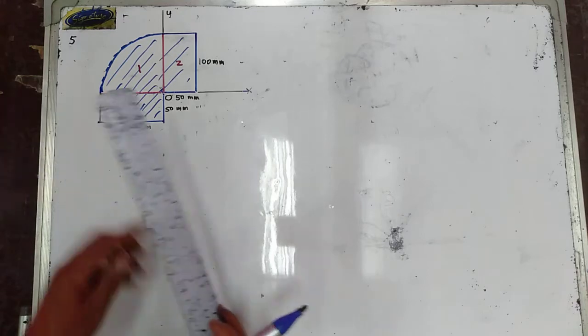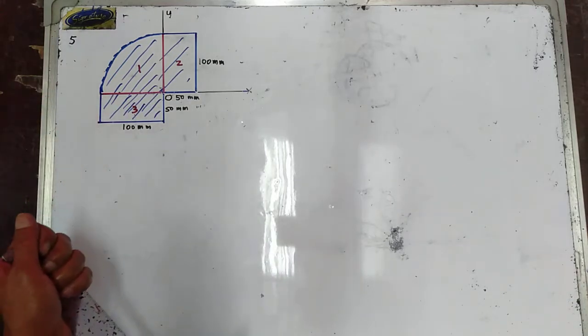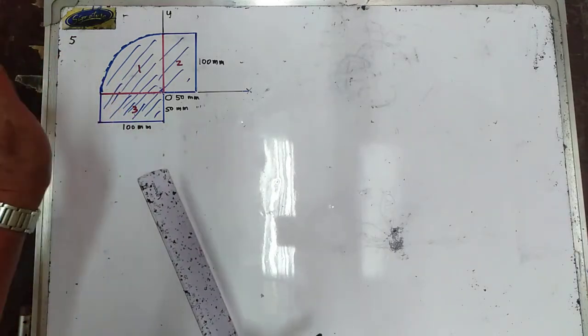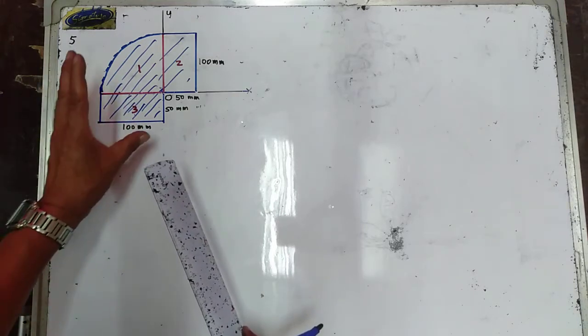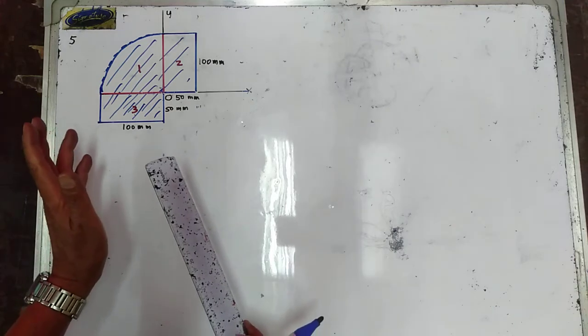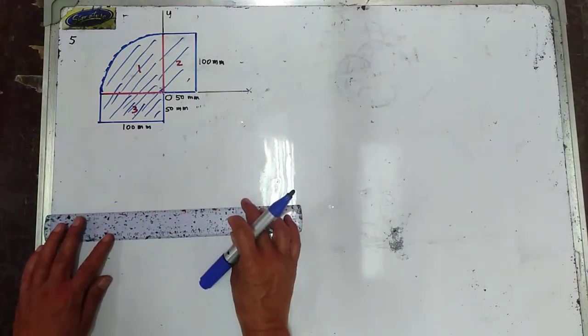Since we are also required to determine the polar moment of inertia of the shaded area with respect to the centroid, first let us try to determine your x bar and y bar, or the centroid. Let's consider the first area again.